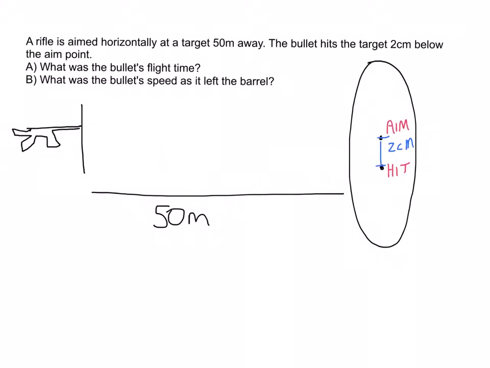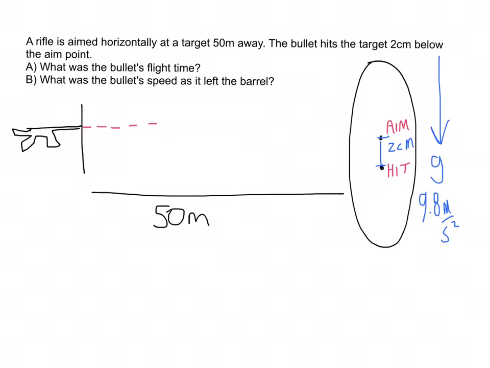We've also got gravity. We're going to say gravity at g and 9.8 meters per second squared. So if we imagine this bullet coming out, the initial velocity we don't know, we're going to look for that later.